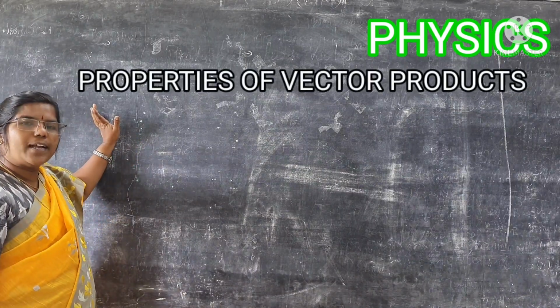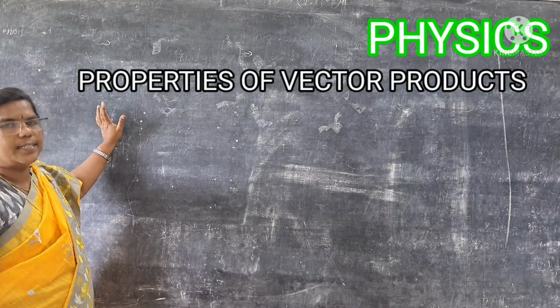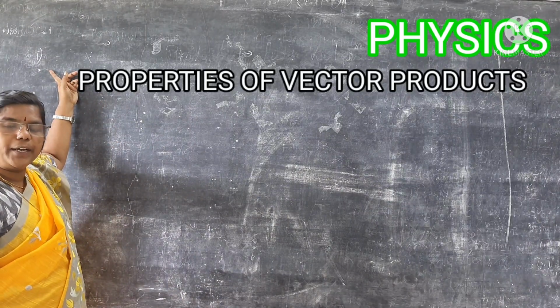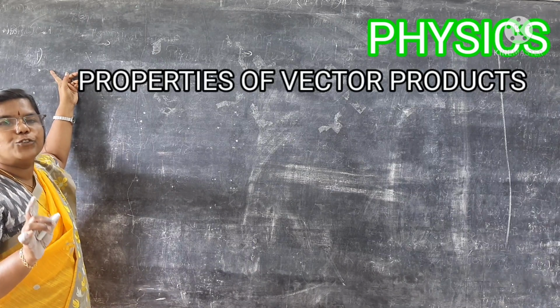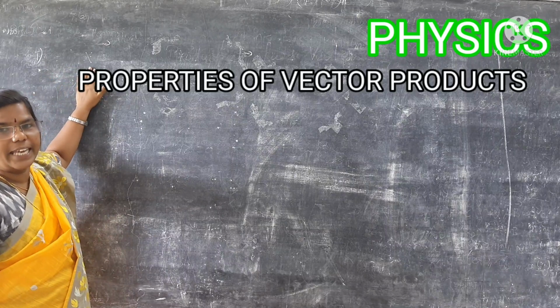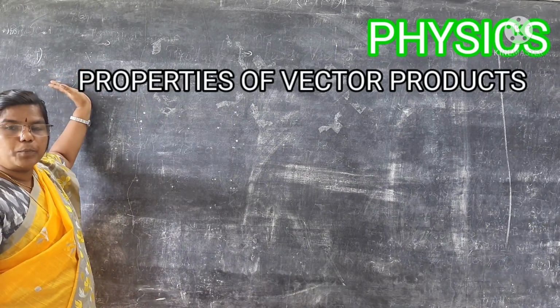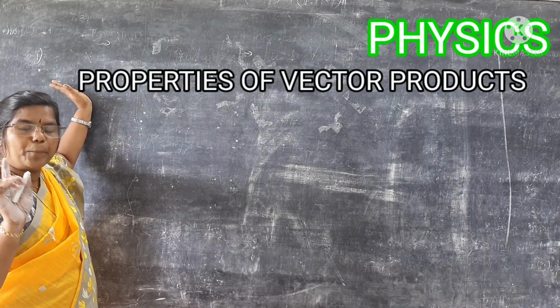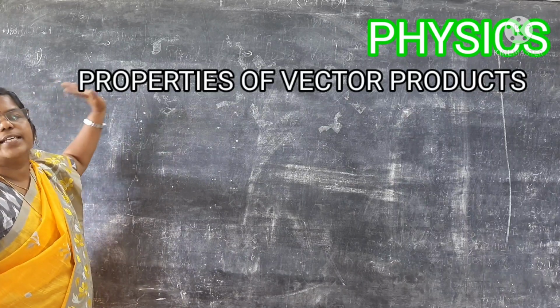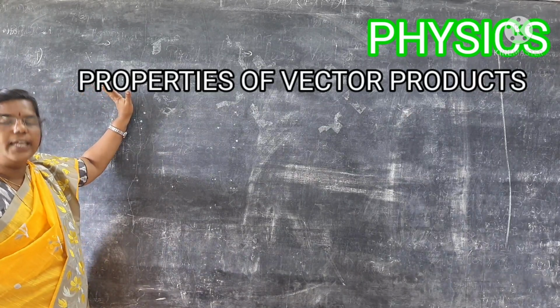In scalar products also we studied properties, is it not? The first property of scalar product is the product of two vectors will always be a scalar. But here the first property is the product of two vectors in vector product will always be a vector. Okay.